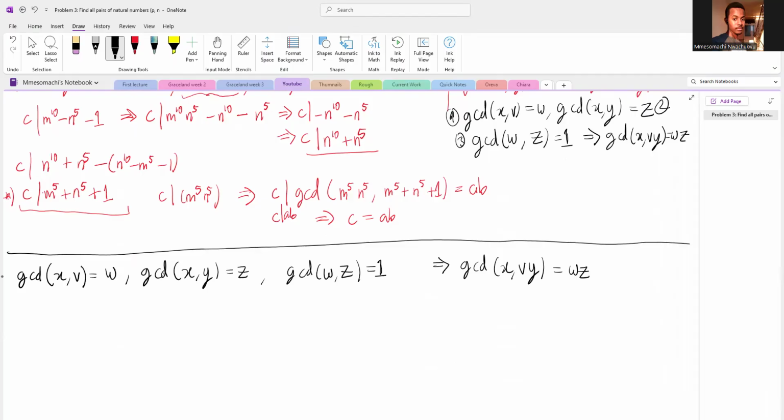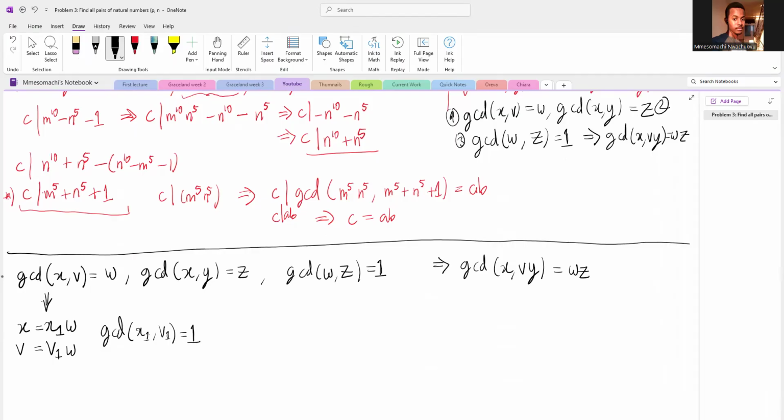The GCD of V and X being equal to W means we can have something like this. This statement implies that we can have X being equal to, say, X1 W, V equals V1 W, and that the GCD of X1 and V1 is equal to 1.